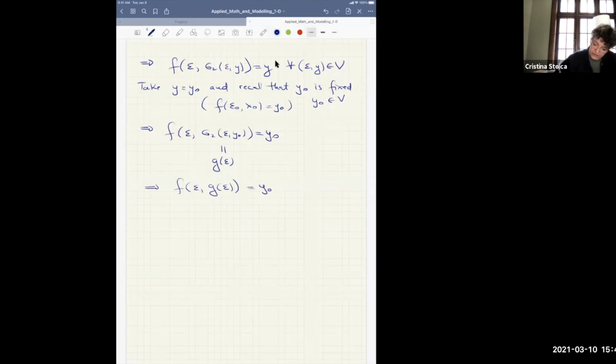And this is for any epsilon near epsilon 0, because this neighborhood is in the image of epsilon 0 and x naught. Anyhow, it's good. So that's what we wanted to show. That's it.